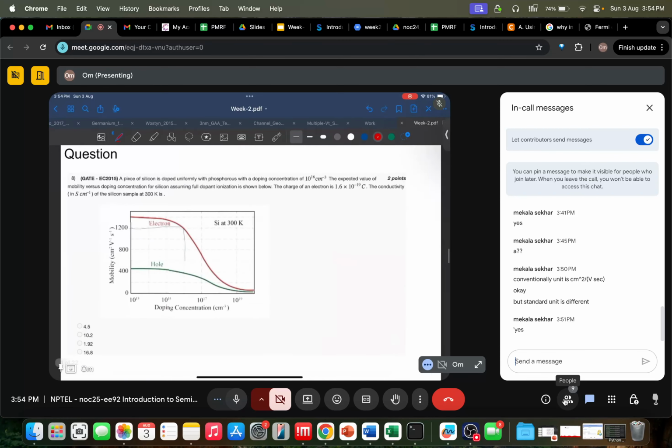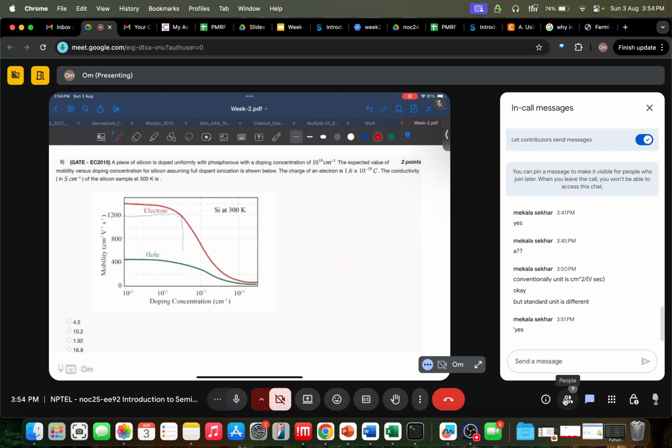See this one first. A piece of silicon is doped uniformly with phosphorus, n-type doping, with a doping concentration of 10 to the power 16 per centimeter cube. This is ND. The value of mobility versus concentration for silicon, assuming full dopant ionization, is shown below. So mobility versus doping concentration is given in the plot.